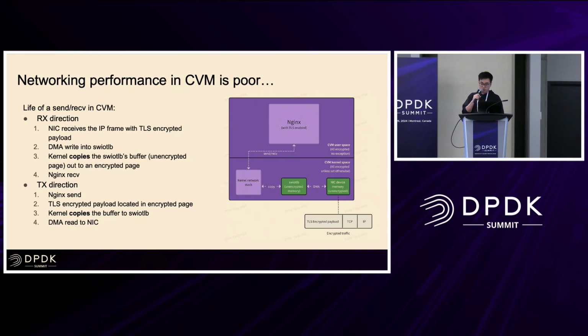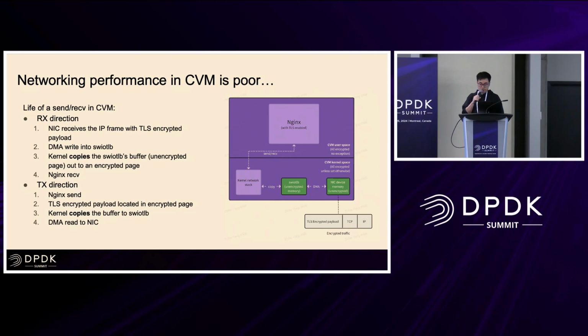In CVM environments, the buffer will be DMA written into an unencrypted memory region called the software IOTLB, which we have highlighted in green here. After that, the kernel copies the data from the software IOTLB's buffer out to a memory region that belongs to the guest, and after going through the kernel stack, Nginx receives the packet.